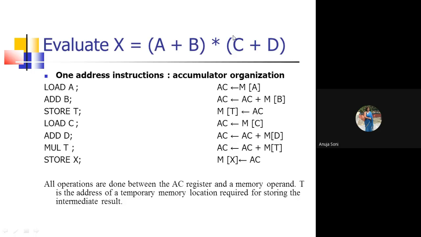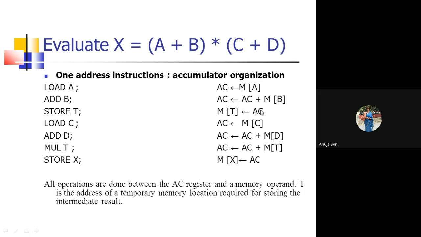So at this moment we need to take this value out from the accumulator register and store it at some location in memory. That's why we have incorporated this statement, store T. Store T, how will it work? It will take out the value from the accumulator register, which value was there at present.